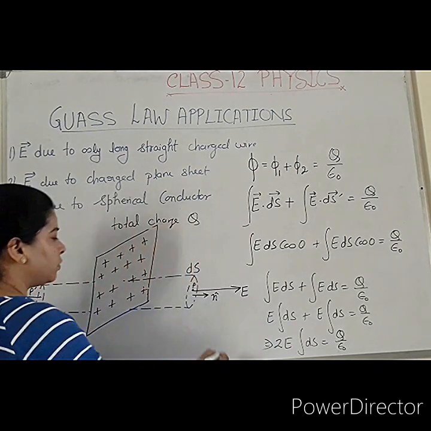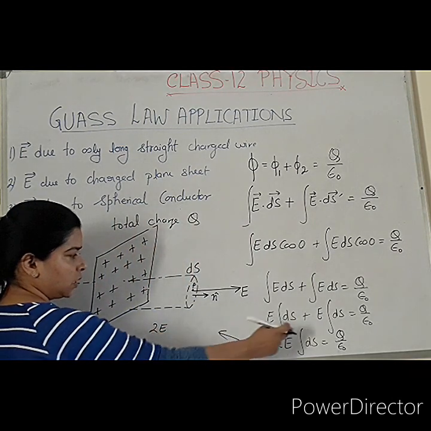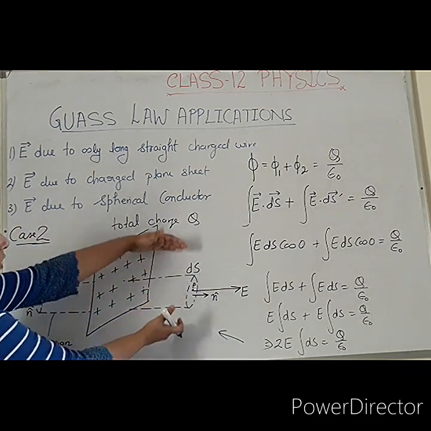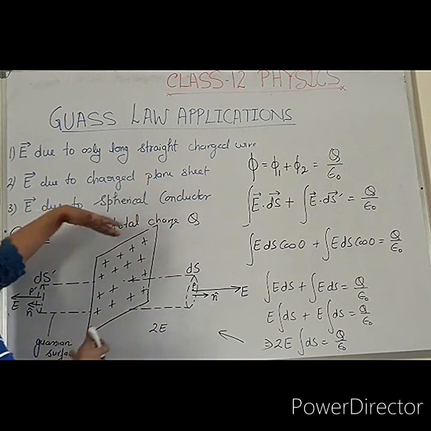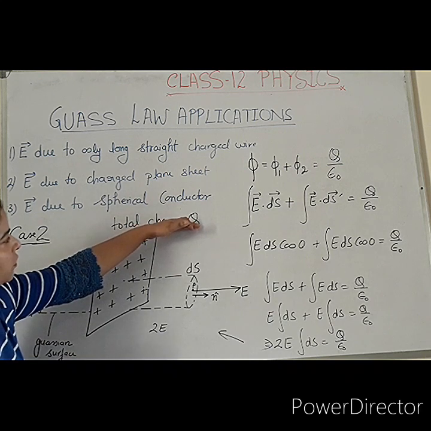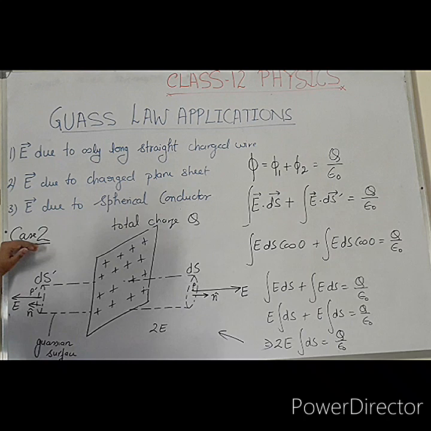Now, twice E integration of ds: I have discussed this, that the total surface area for this cylindrical surface is up to the limit of this plane sheet, and towards this side the surface is enlarged up to the surface value S. So same here, it will be enlarged up to the surface value S.